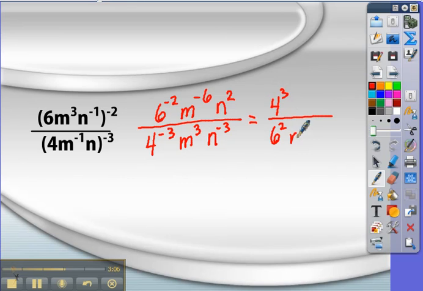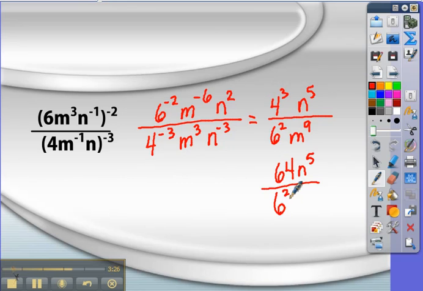On my n's, the ones in the bottom are in the wrong place, so they have to come up top. So then I'll have 5 n's up there. And then let's work on cleaning up the numerical part. We have a 64 n to the 5th over 6 squared m to the 9.